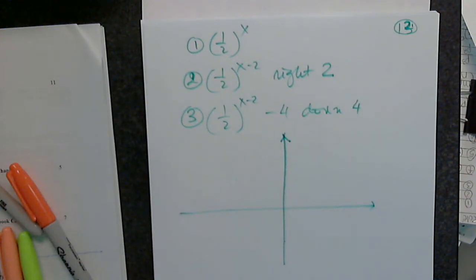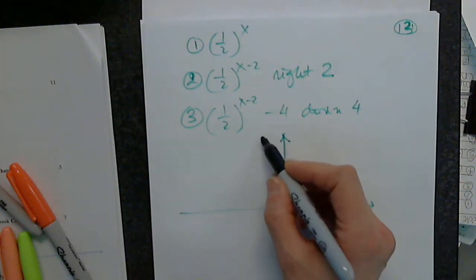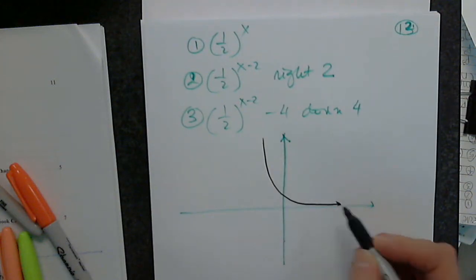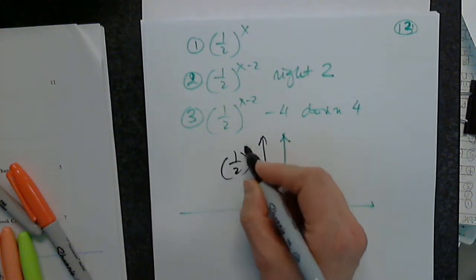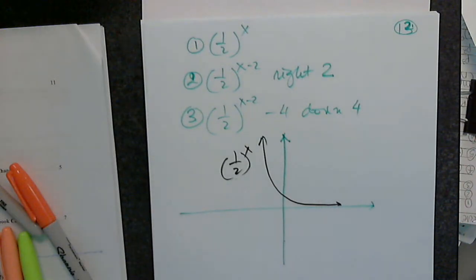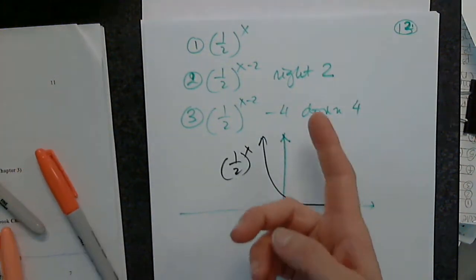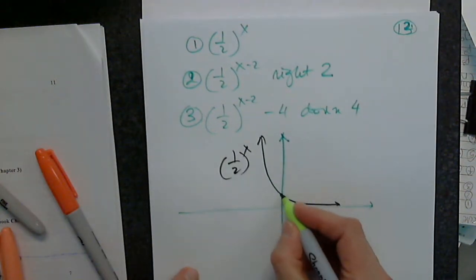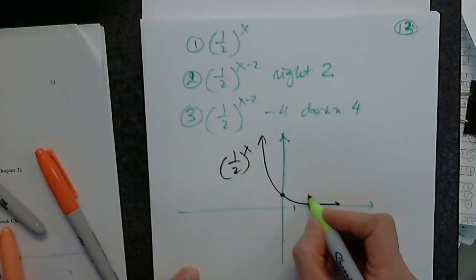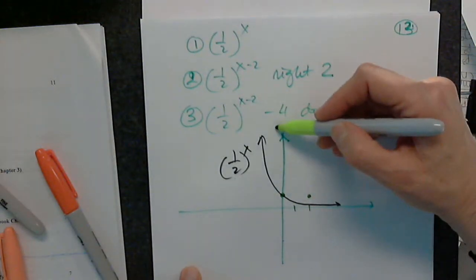Correct. Very good. So 1/2 to the x is this graph. Because the base is less than 1, it has to be decreasing on all its domain. Good. Then you told me to move it right 2. I'm focusing on this point. I will move it right 2. So the graph will be something like this.